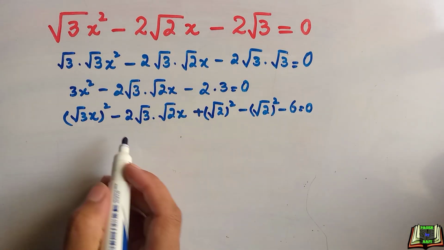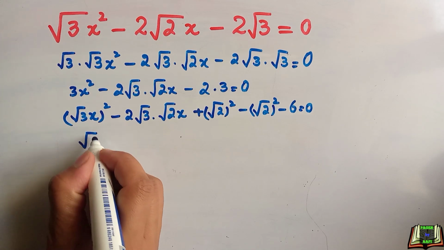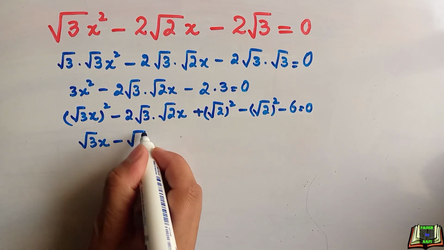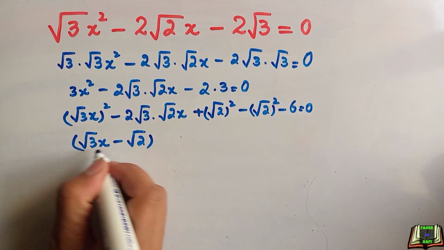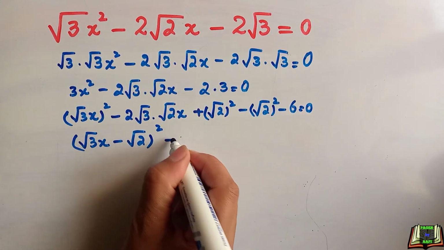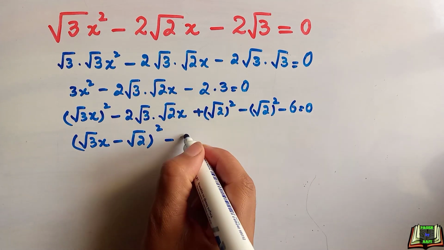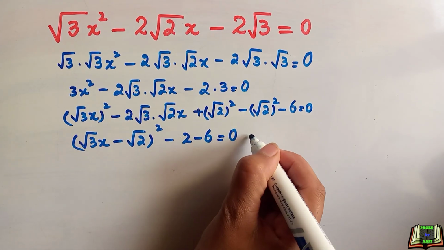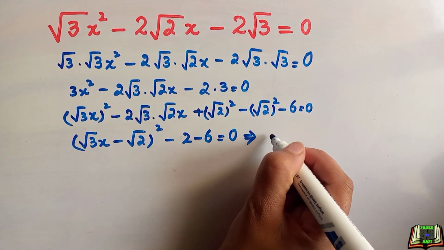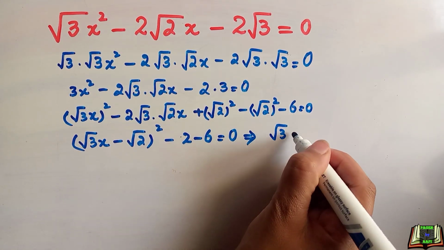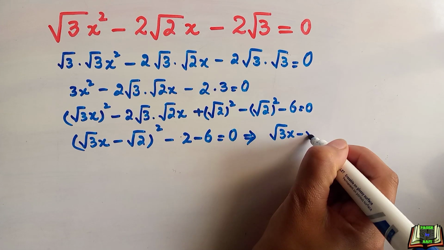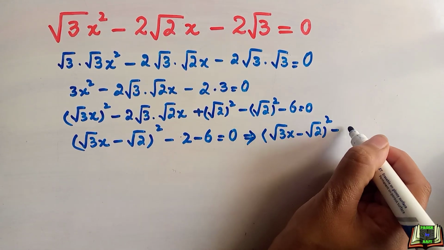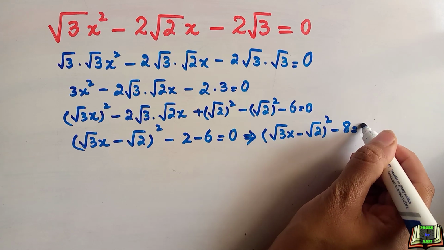Now we can see this is equal to root 3x minus root 2 whole square. And this root 2 square, square and root cancel out. This is equal to minus 2 minus 6 is equal to 0. This is equal to root 3x minus root 2 whole square minus 2 minus 6, which is minus 8, is equal to 0.